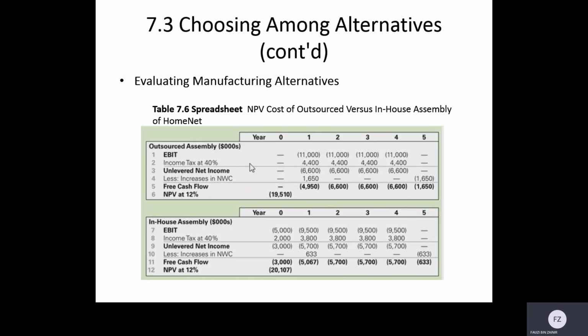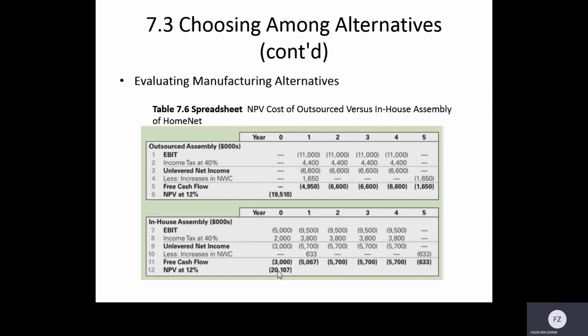If we were to compare the effects of alternative 1 and alternative 2: for alternative 1, based on outsourced assembly, the free cash flows are all these numbers here, and the NPV is minus 19.510 million. For the in-house assembly, these are the free cash flows we got, and when we take the NPV, we have minus 20.107 million.